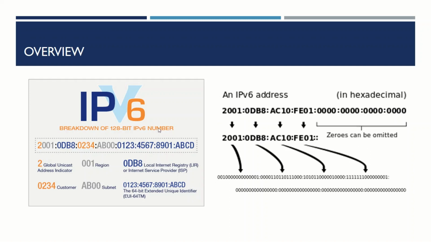As you can see, it's way larger than an IPv4 address. It also includes a global unique address indicator, a customer, a region, a subnet, a local internet registry or internet service provider, and finally the 64-bit extended unique identifier, this one right here.